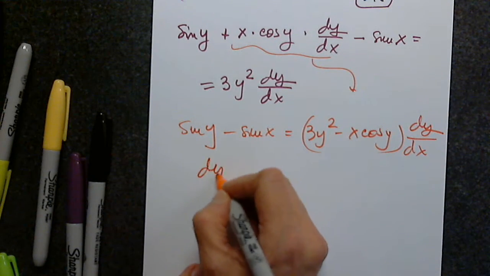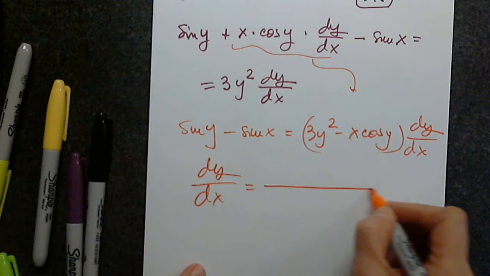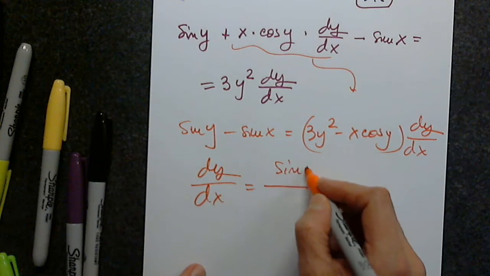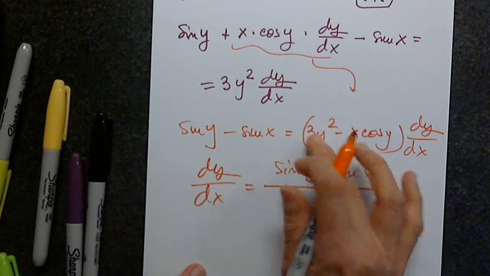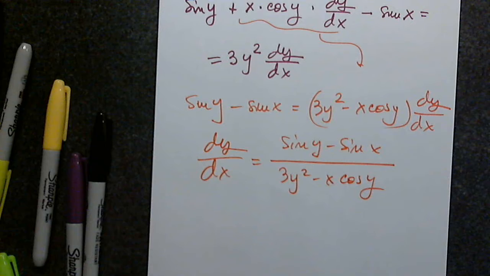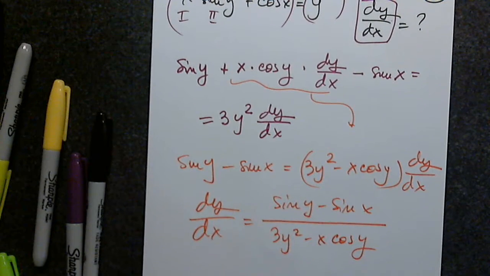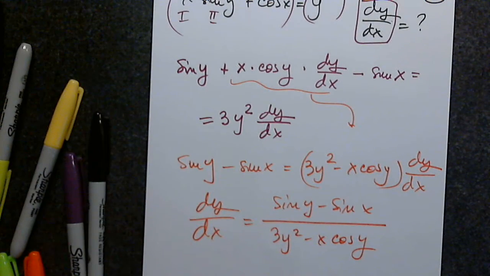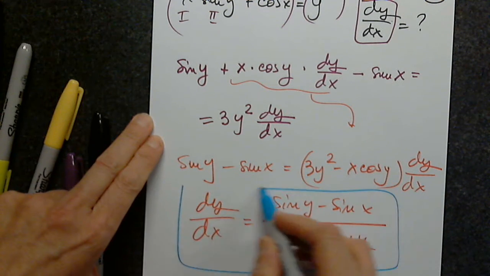So then dy over dx is sine y minus x over all this. Is this clear so far? Yes. So this is the final answer. We don't have to do anything else.